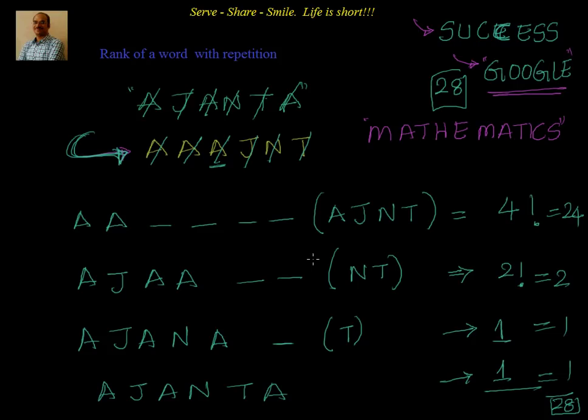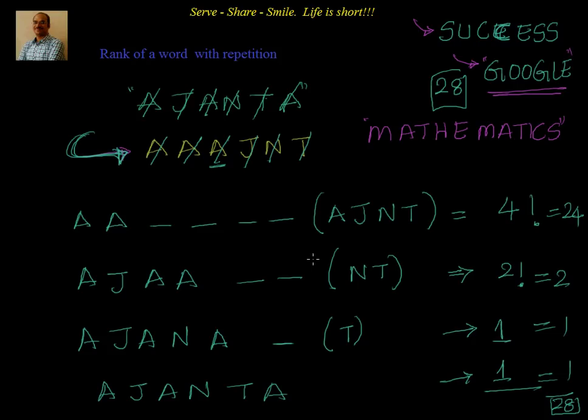If suppose two letters are repeating 2 and 3 times respectively, you have to divide by factorial 2 into factorial 3. Like you take MADAM. So total are 5 letters. If there are no repetitions, it should be factorial 5, 120. But since M and A are repeating 2 times, we will have factorial 5 by factorial 2 into factorial 2.